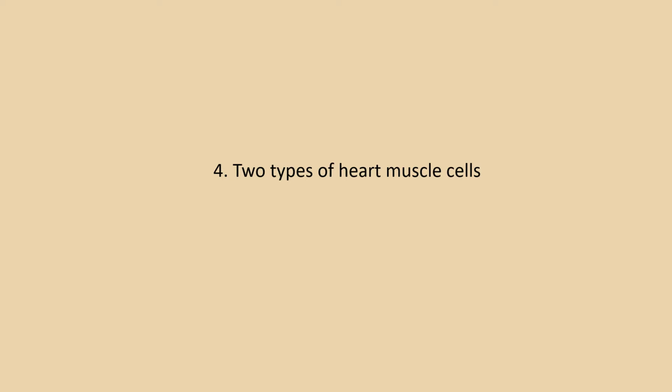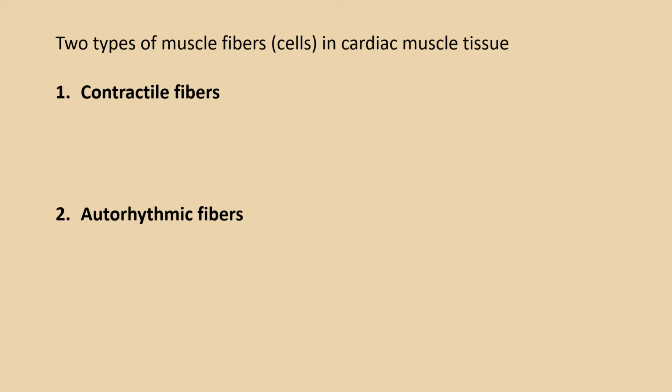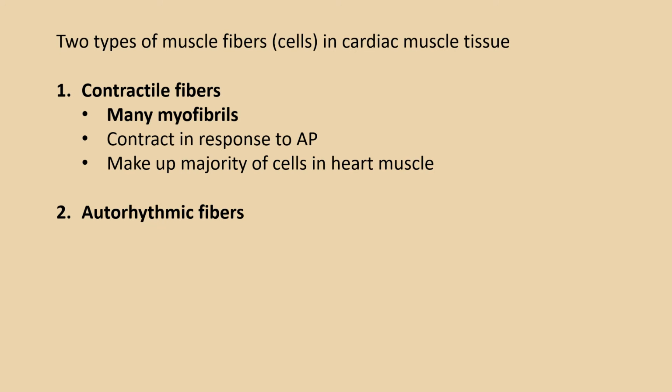All right, so your heart is an organ, so it's composed of multiple tissue types, including 2 different types of cardiac myocytes or heart muscle cells. These 2 types of heart muscle cells are called contractile fibers and autorhythmic fibers. The contractile fibers make up most of your heart muscle cells.